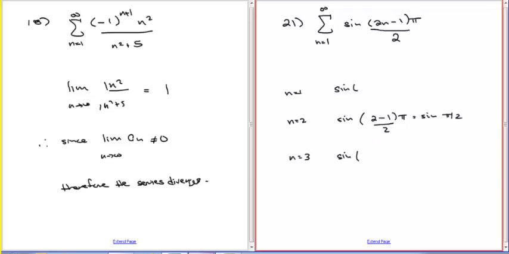The sine of pi over 2 is positive 1. Then with n equals 3, we get 3 pi over 2, and the sine of 3 pi over 2 is negative 1.